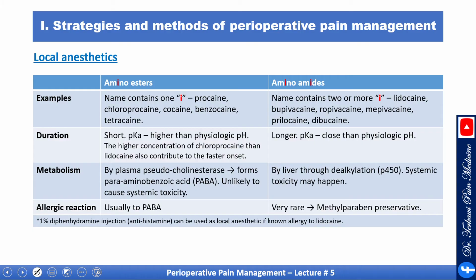Allergic reaction to amino esters is usually secondary to PABA, and allergic reaction to amino amides is usually very rare, and if it happens, usually secondary to the methyl paraben preservative.